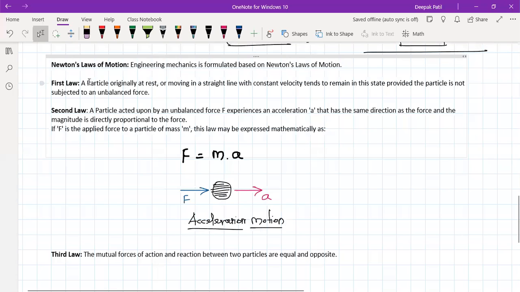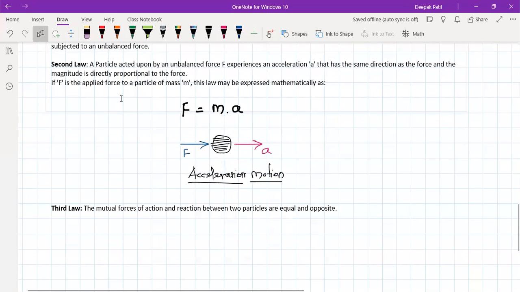So here I am taking the name of a particle, which is at rest or moving in a straight line with constant velocity, meaning the particle is in equilibrium. It will remain in equilibrium provided the particle is not subjected to an unbalanced force. So this is your first law.